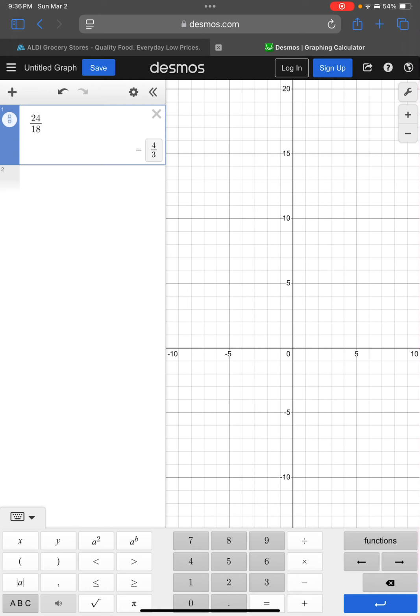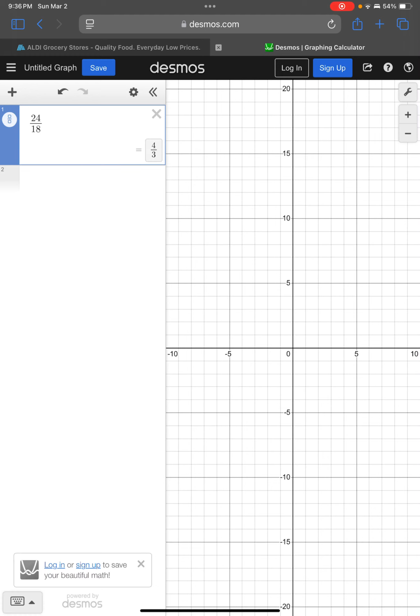Okay, so I'm going to put in 24 divided by 8. Oh, not 8, I'm sorry, 18. And then I'm going to click this fraction button right here, and it's going to give me my simplified fraction, 4/3.